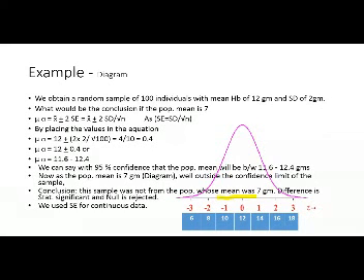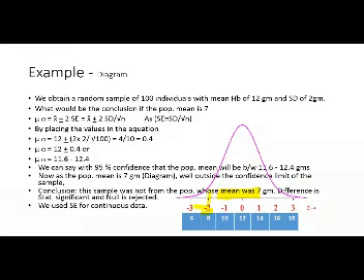Now this is our null acceptance area or null non-rejection area. If a value falls over here, that is between 11.6 and 12.4, we may not be able to reject the null hypothesis. But in this case, 7 is outside the acceptance area or non-rejection area. 7 is somewhere over here.